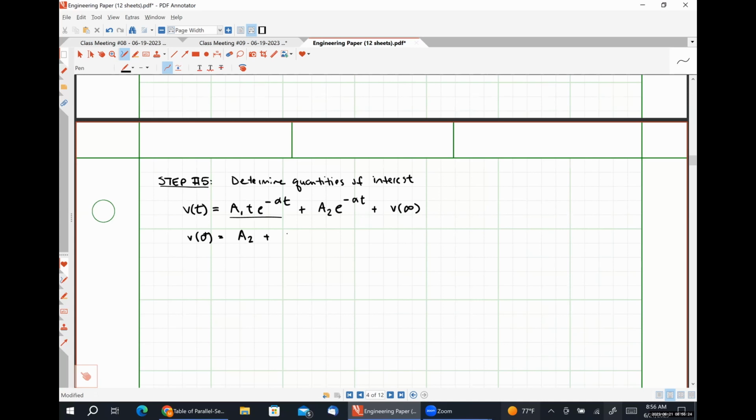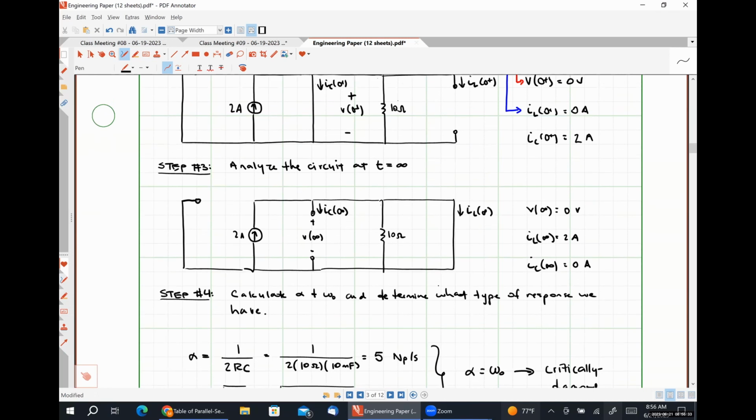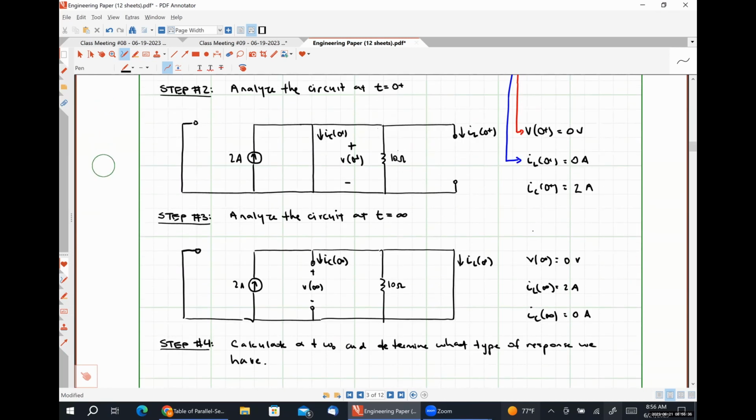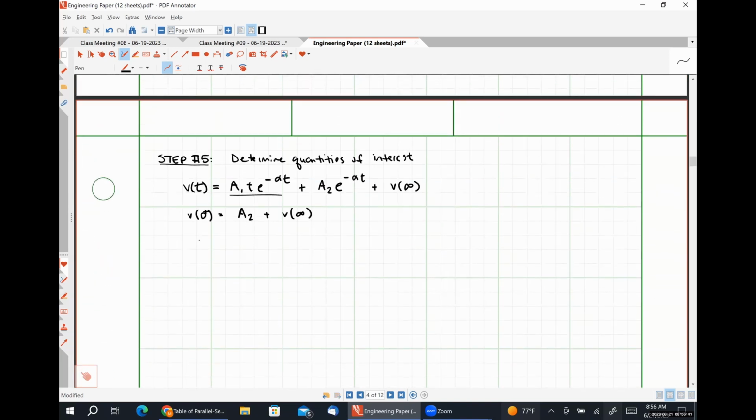So plus V at infinity. So going back to our analysis at 0 plus, we saw that V was 0, V at infinity was 0. So we have 0 is equal to A2 plus 0, which means our A2 term is 0 volts. So we have one of our two coefficients figured out.